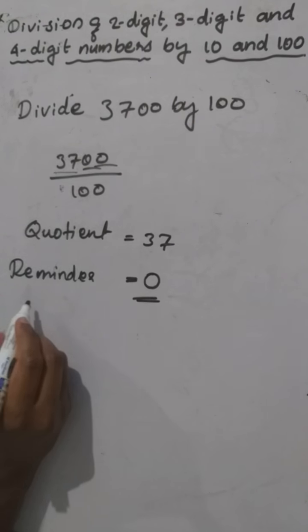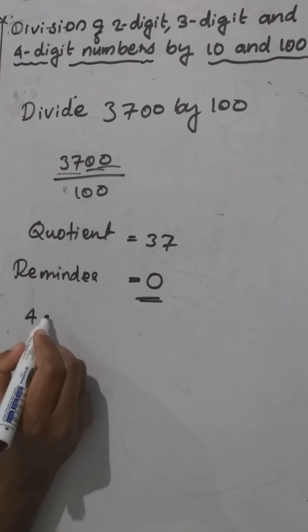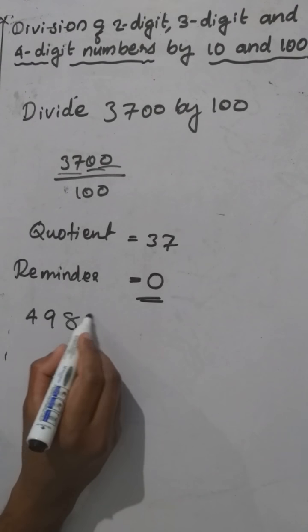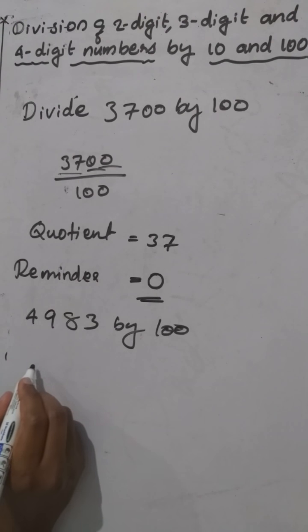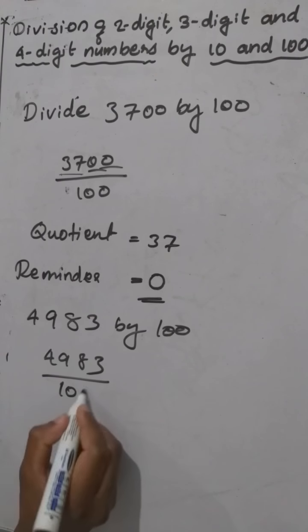And one more example. 4983 divided by 100.